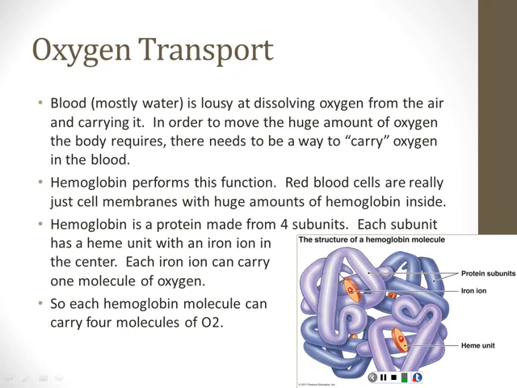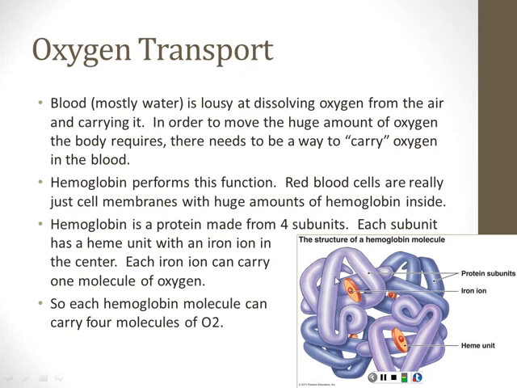So not an oxygen atom, but an oxygen molecule, O2, just like it's found in the air. Because there are 4 of those in each hemoglobin molecule, each hemoglobin can carry 4 molecules of oxygen. So it is a very efficient carrier. And we have huge amounts of hemoglobin, not in the blood, but in the red blood cells.